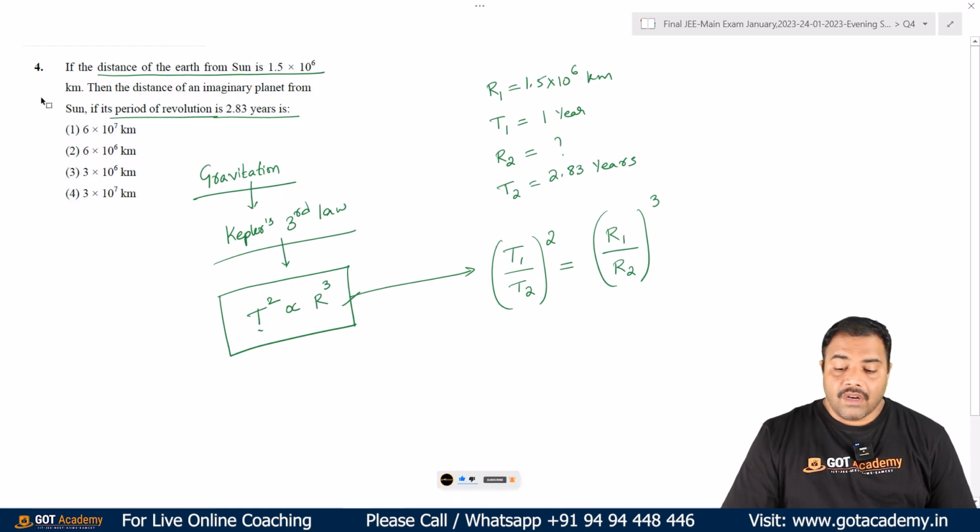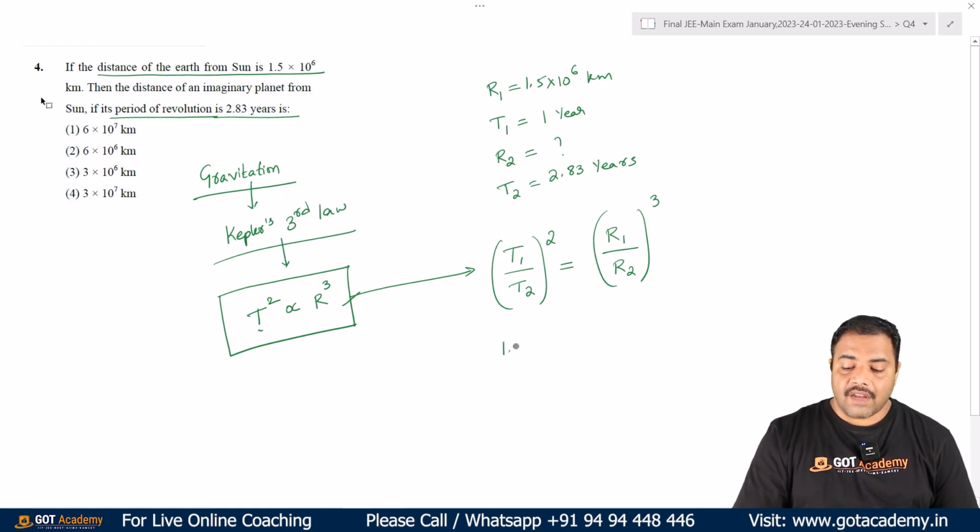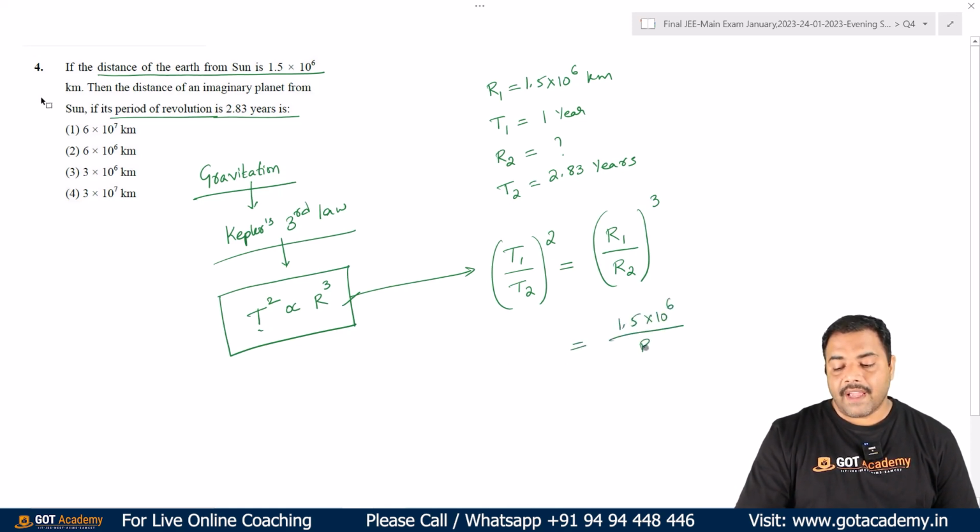Now let us substitute this. R1 is given as 1.5 into 10 to the power of 6 by R2 whole cube, where T1 is 1 year, T2 is 2.83 whole cube.